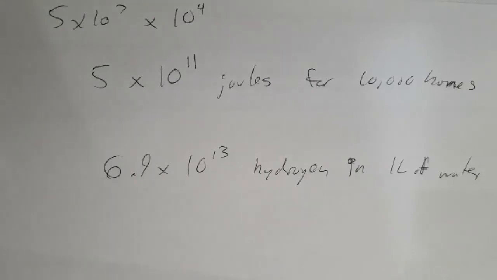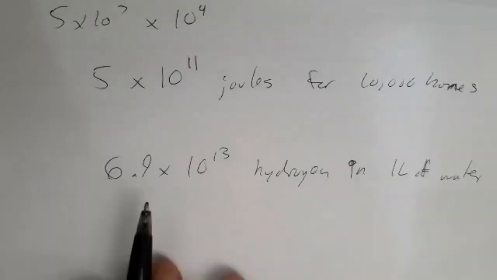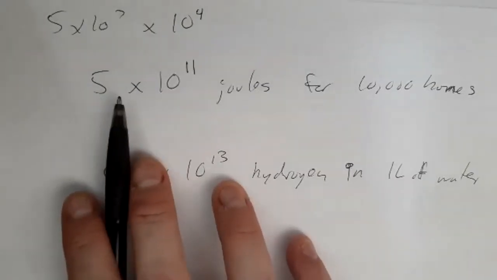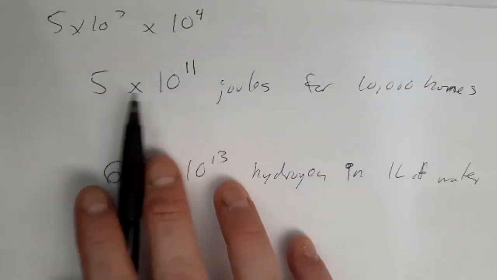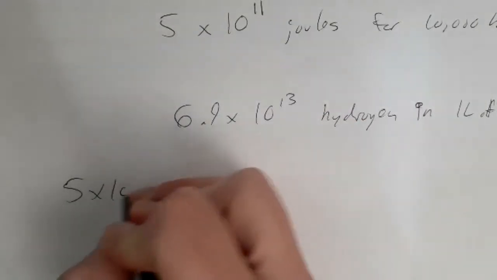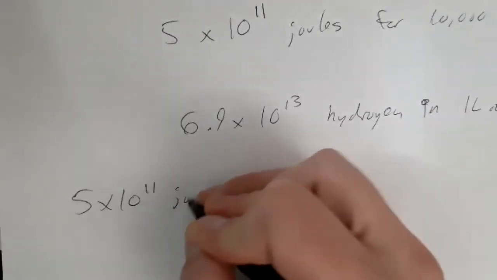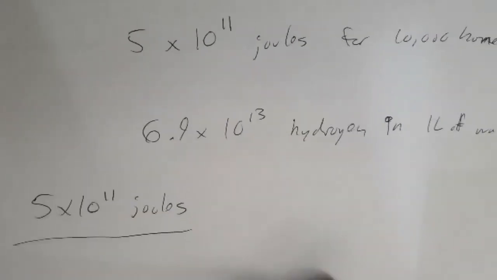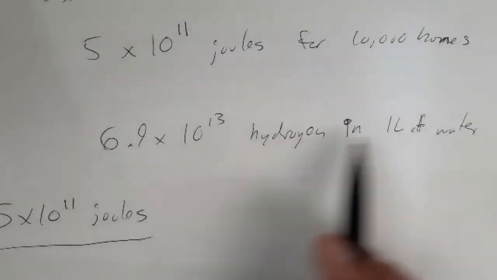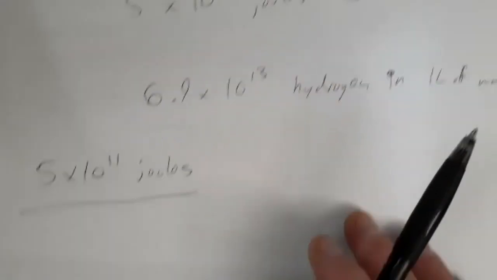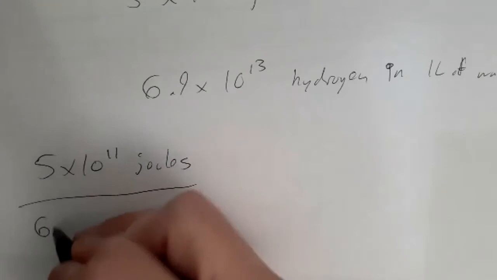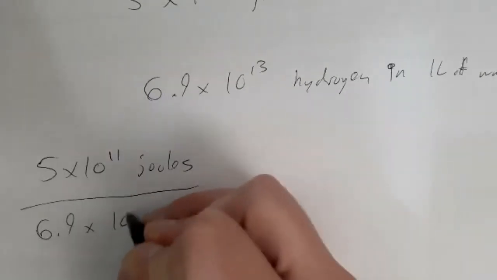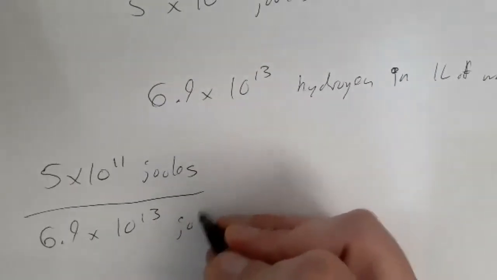The total amount of energy that we need to supply is this number right here, the 5 times 10 to the 11 joules. And we're dividing that by the 6.9 times 10 to the 13th joules per liter.